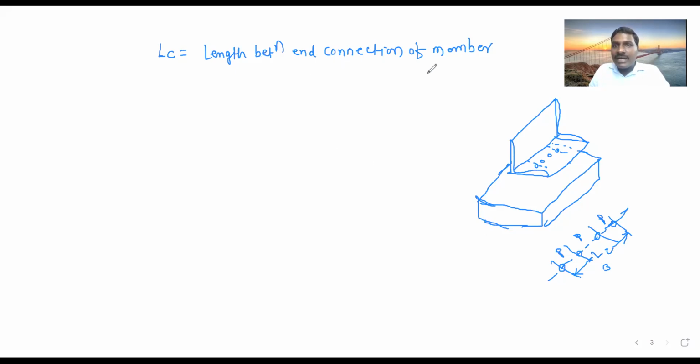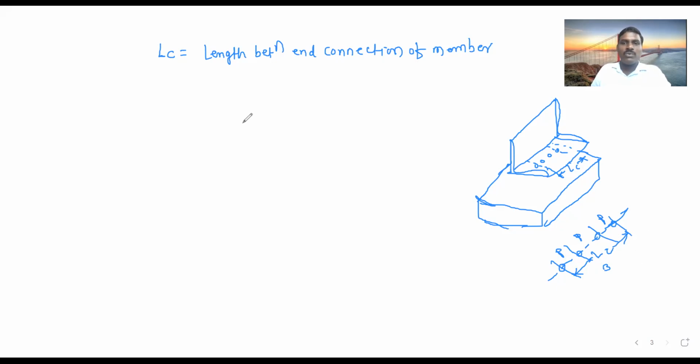Length between end connection of member. End connection means what? First bolt and last bolt. It is the distance between the first bolt to the last bolt. This is your LC.